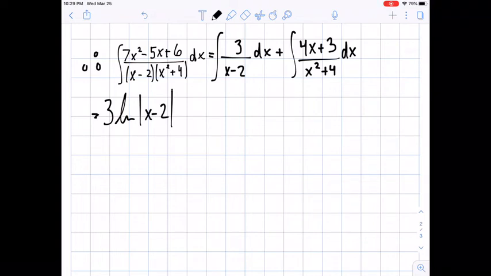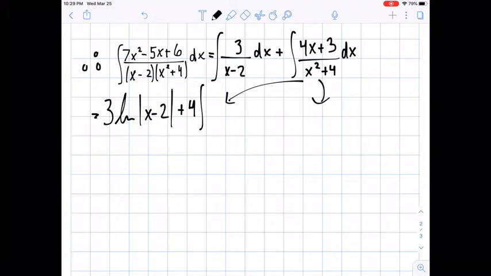And then we go to the second one, and we know from the last couple videos, every time we run into these irreducible quadratics, they're going to have that linear term in the numerator. We can do the same thing. We can split it up into 2 different integrals. So here we'll take 1, and then we'll have our second one. So we have plus the first integral, and we can take out the constant 4.